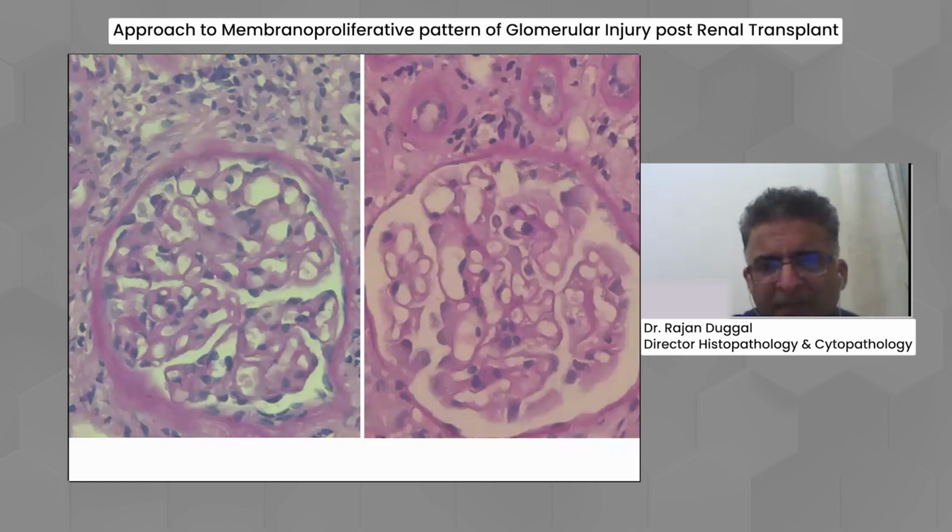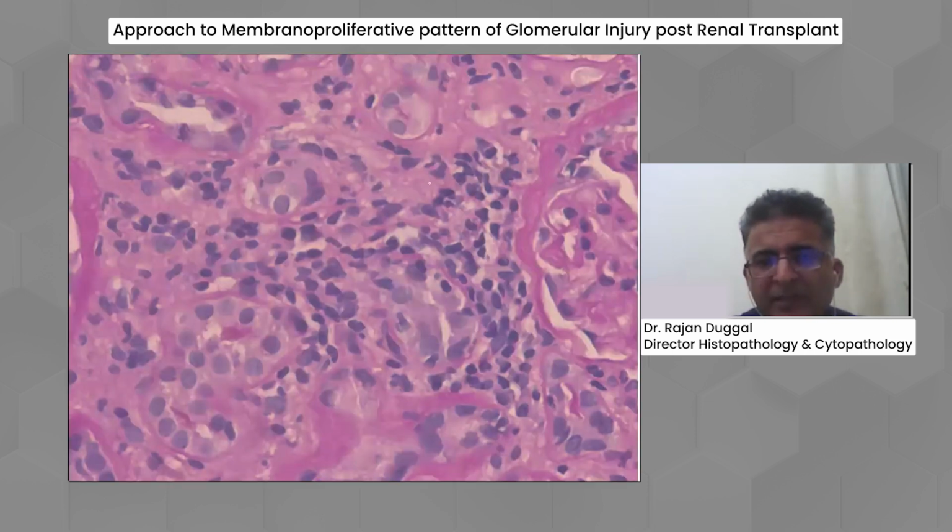If you look at the high magnification, you find that there is some thickening and an occasional capillary loop showing a very segmental duplication. But it is not showing any endocapillary proliferation, any glomerulitis or endocapillary hypercellularity. So practically, there are just a few glomerular capillary loops showing segmental duplication. There is minimal thickening of the glomerular capillary wall.